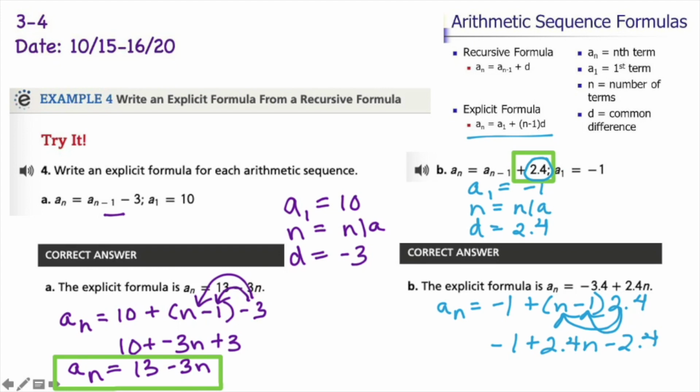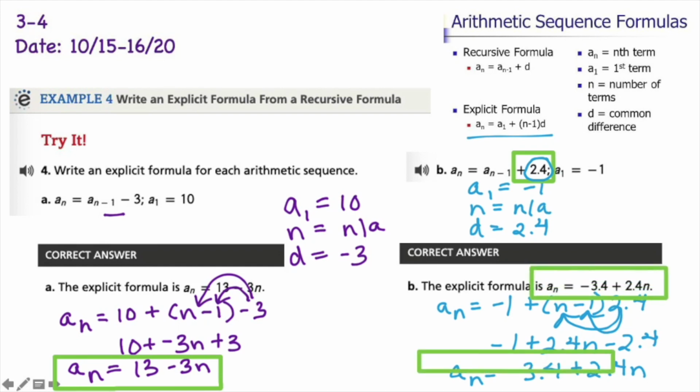So negative 1 minus 2.4 gives us negative 3.4, and then just drop down the 2.4n. And that is your answer. So that's why the answer from here was the same answer that I got right here. So you can work your way backwards, just identify the a sub 1, n, and d, and then distribute.